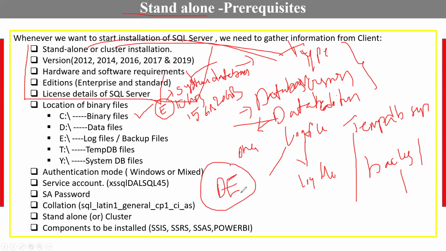When you are going to install the database engine, why can't you encourage your application team to go for best practices: separate drive for data files, separate drive for log files, separate drive for TempDB, separate drive for backup, and a separate drive for the binary files along with the system databases. Got it, everyone?